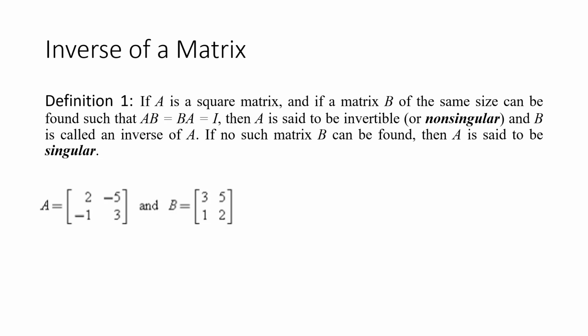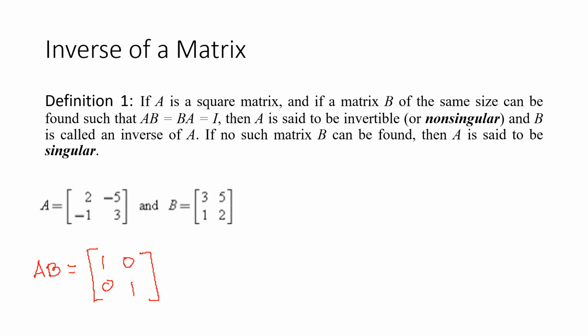Now, if we multiply AB, then you have 2 times 3 minus 5 times 1, which is equal to 1. Here is 0, then 0, and 1.